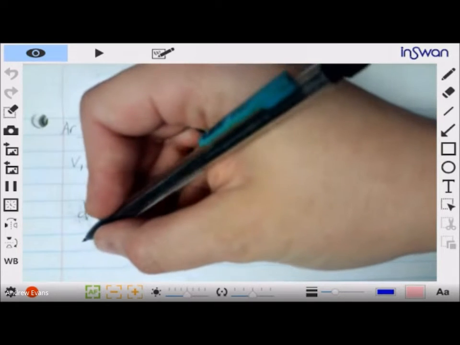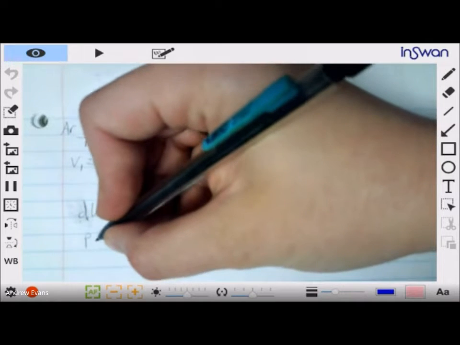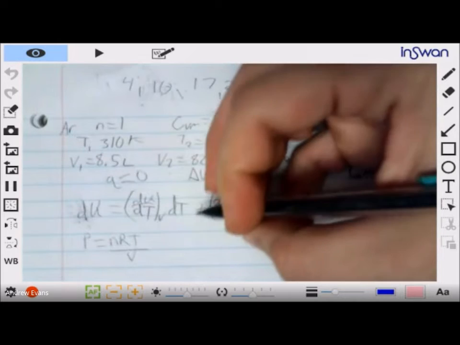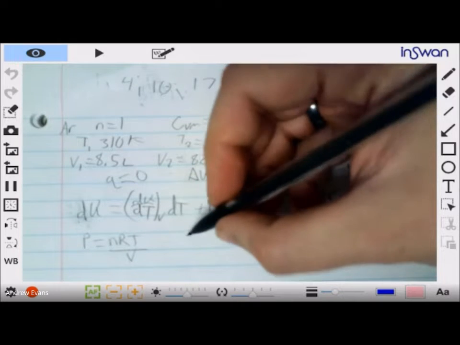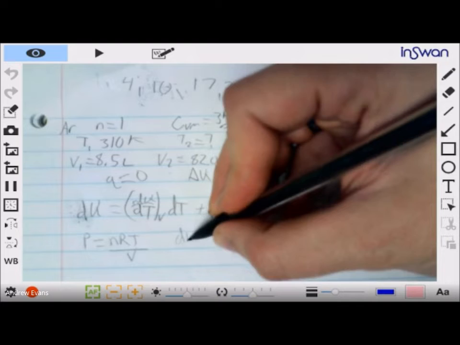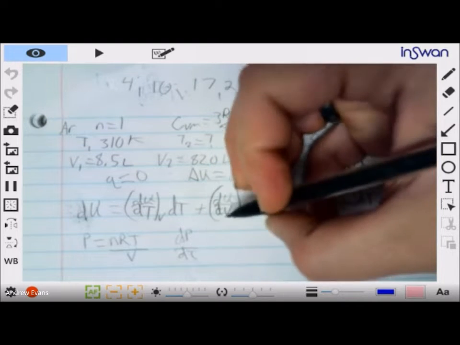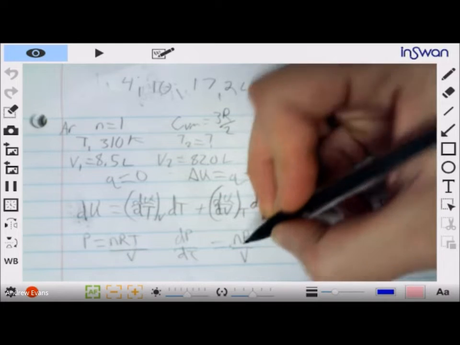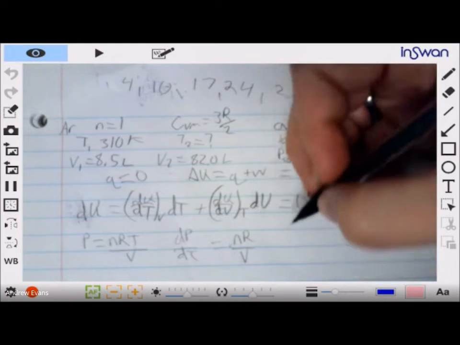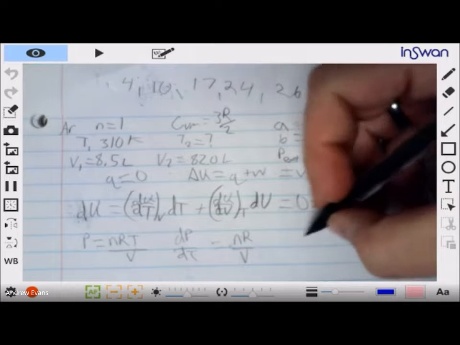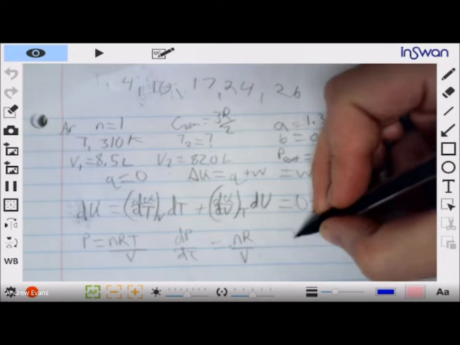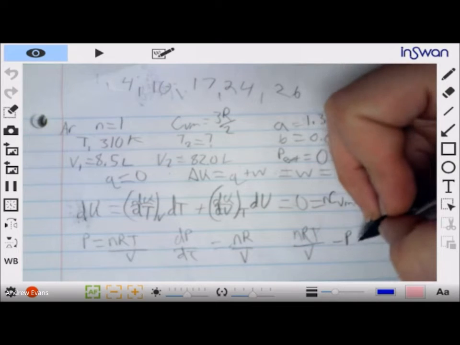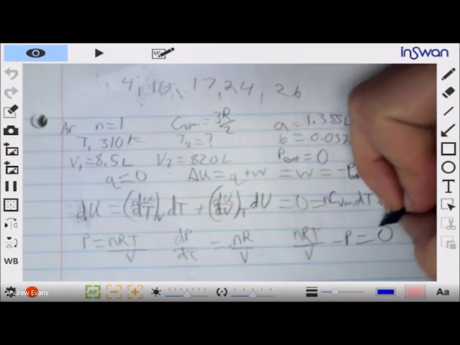So remember, our ideal gas is P equals nRT over V. So the dP/dT of this is going to be nR over V. Multiplying that by T, you'd have nRT over V minus P, which is just going to be 0.